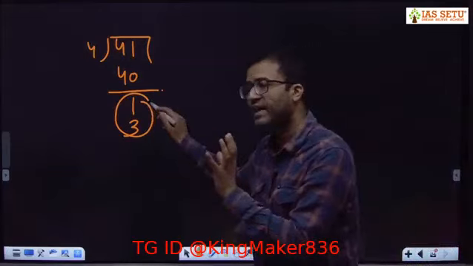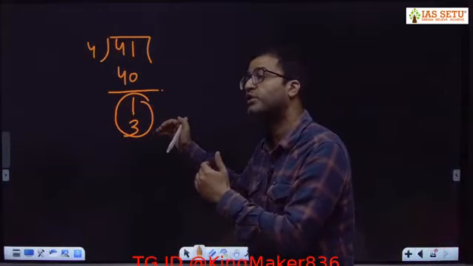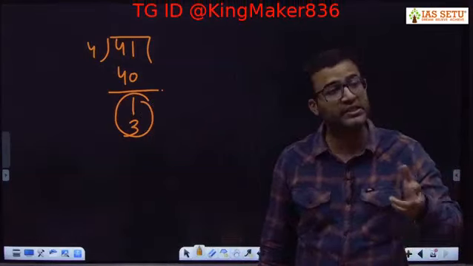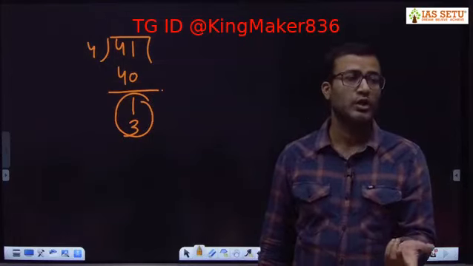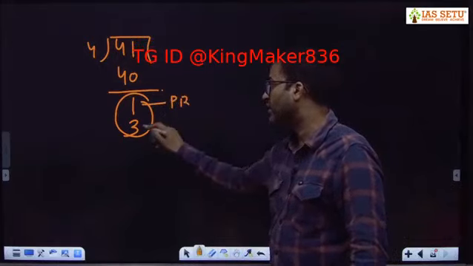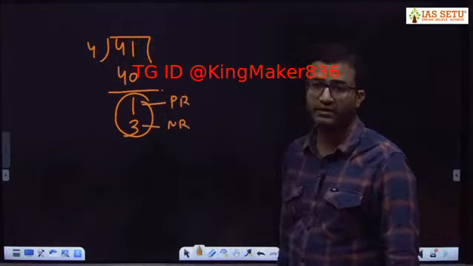You are looking at the extra part, or you are looking at what you are missing. 1 extra, but you can see this picture as 3 less also. So you have 3 less. This extra is positive remainder, less is a negative remainder 3.